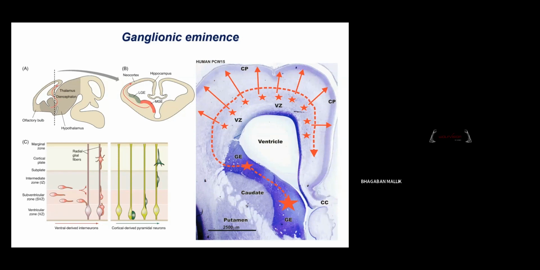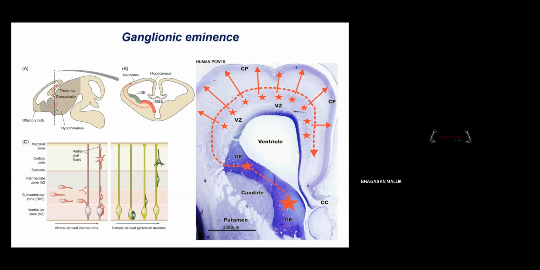These are the radial glial cells, and the neurons are migrating along the leading process of the radial glial cells. This type of migration is called radial migration, and this type is called tangential migration. Tangential migration is seen in GABAergic neurons, and radial migration is seen in the pyramidal neurons. So the pyramidal neurons migrate radially, and the GABAergic neurons migrate tangentially to form the cortex.